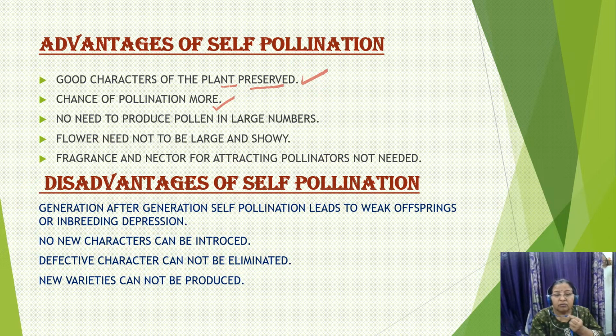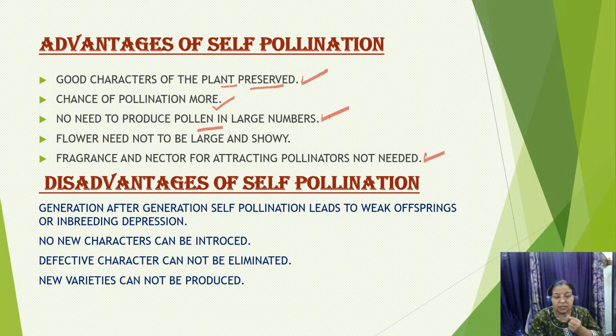Then pollen need not be produced in large number, means the plant requires less pollen because it is ensured from the same plant or from a nearby plant. Then flowers need not be showy, means since pollination chances are very high, plants need not be very brightly colored and showy. Fragrance and nectar, etc., are also not needed in most of the cases.